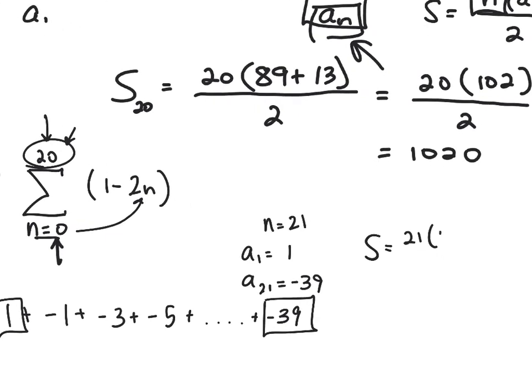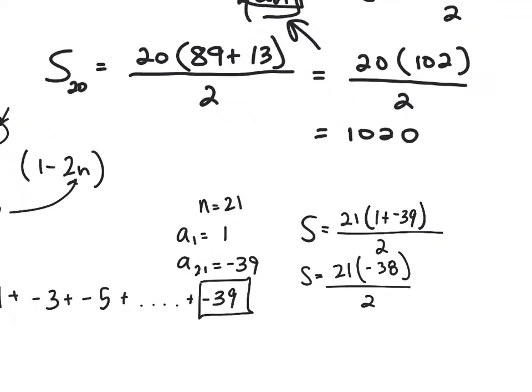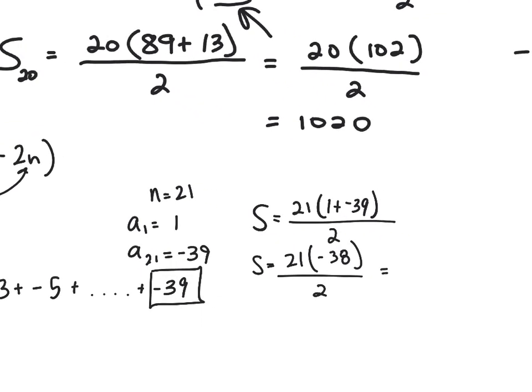First term is 1. 21st term is negative 39. We divide that by 2. So 21 times negative 38 divided by 2. So we plug this into a calculator, and we would get negative 399.